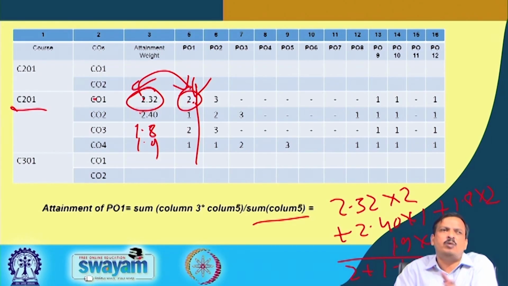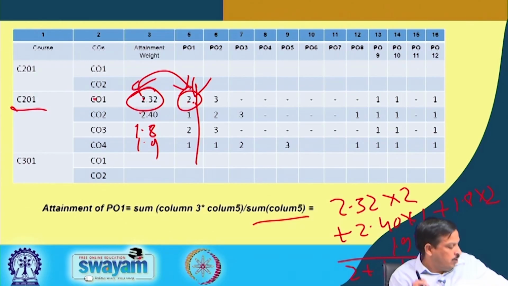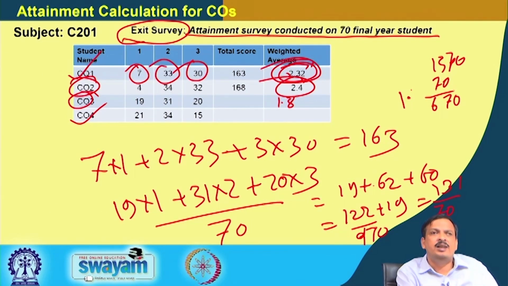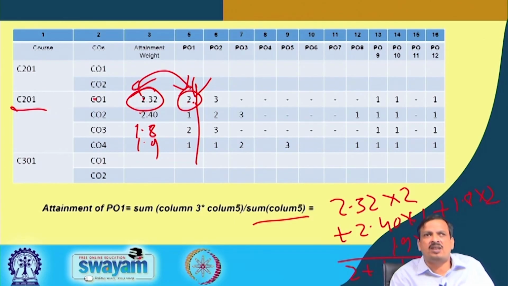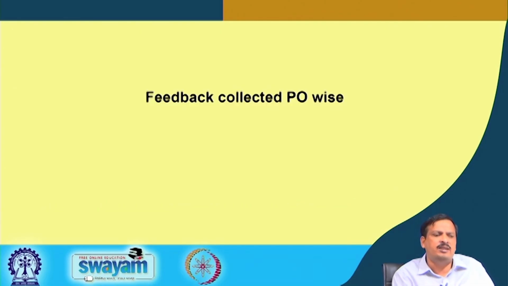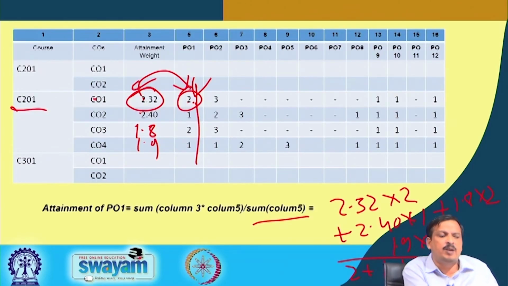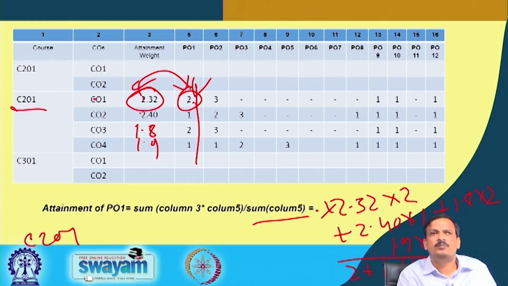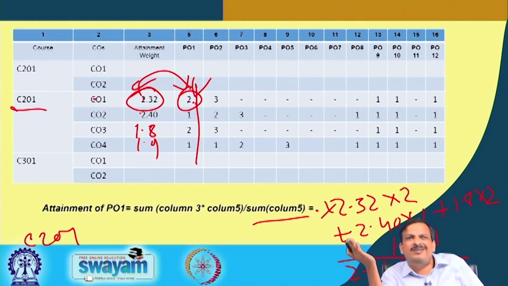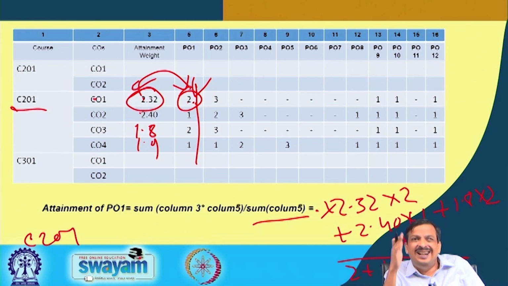Okay. So, I can calculate the course attainment from the CO attainment. Once I get the course attainment, I can develop the matrix. Instead of writing all the COs, I write only C201 and the PO1 value. So, I can develop the program attainment matrix based on the exit survey.